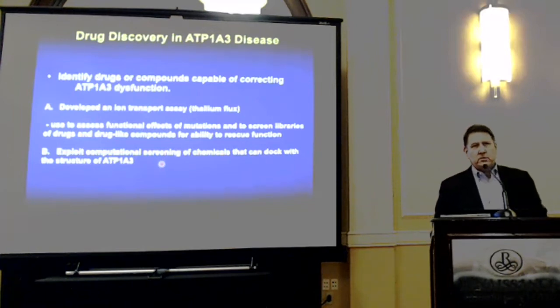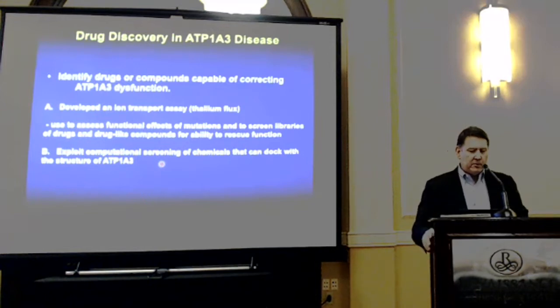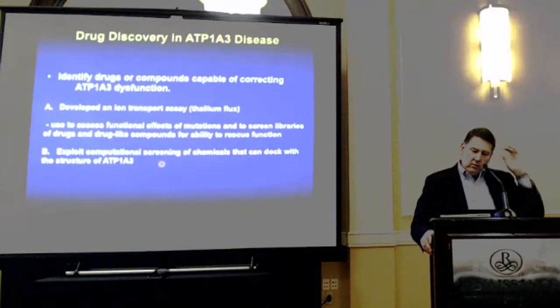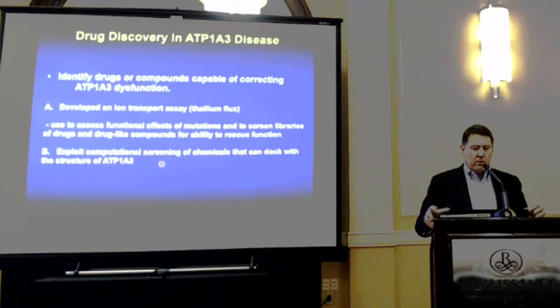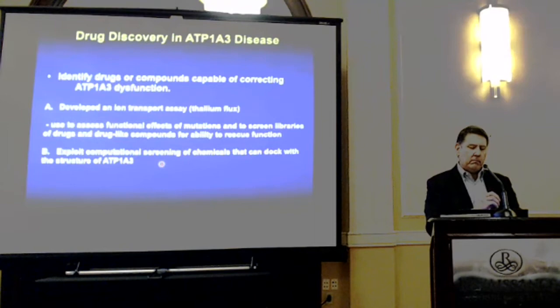The other strategy, which became an opportunity when I moved to Northwestern, was that there was a computational chemist named Rama Misra who had a system whereby he could model a protein in the computer and then simulate a small chemical compound docking with that protein.